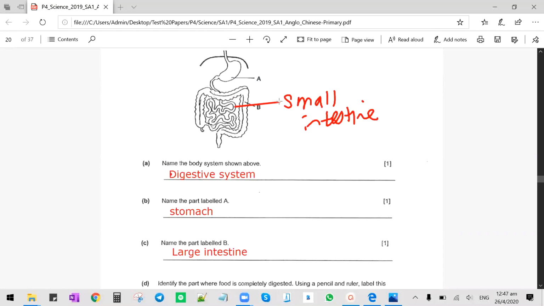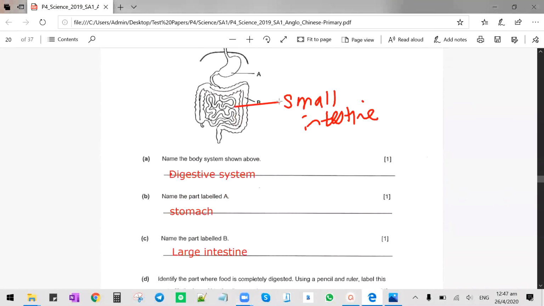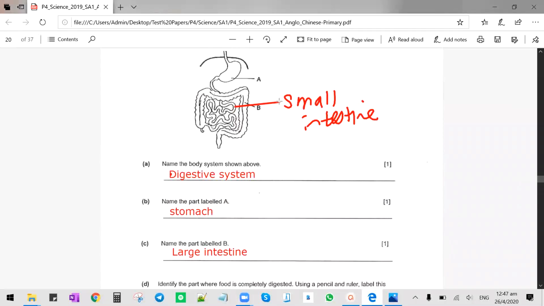Label this as, let's read the question, label this as X. So it means I have to erase my words small intestine here and write down X. This is where it's completely digested, the whole part, the small intestine. Clear all drawings.